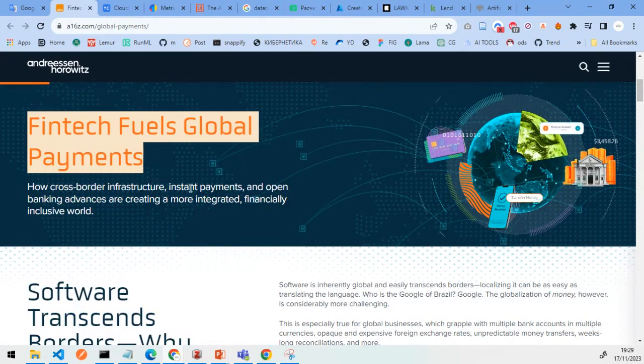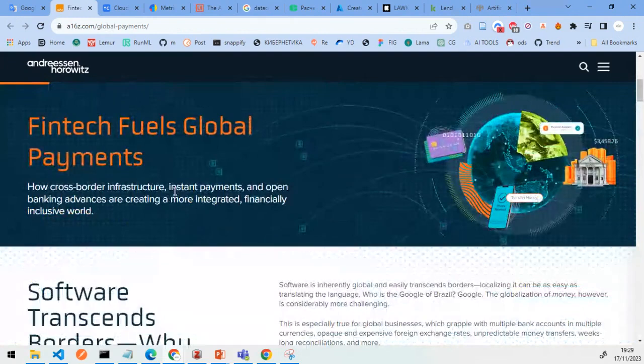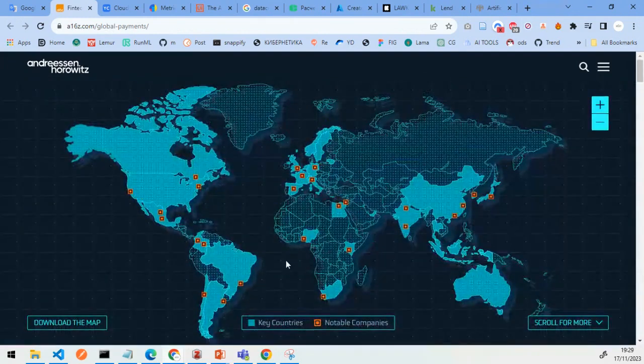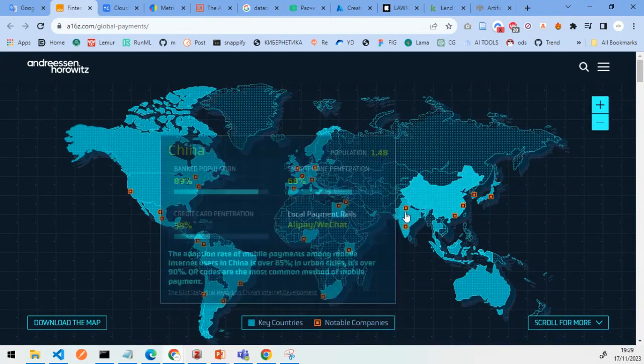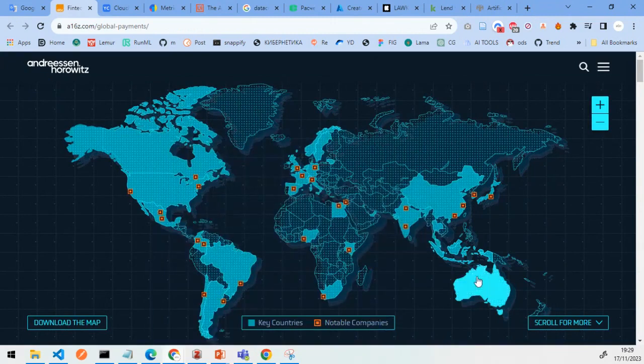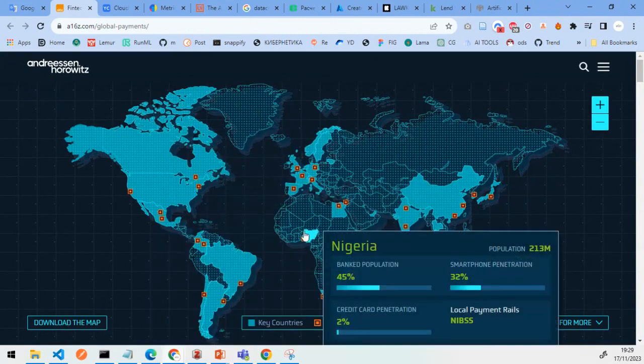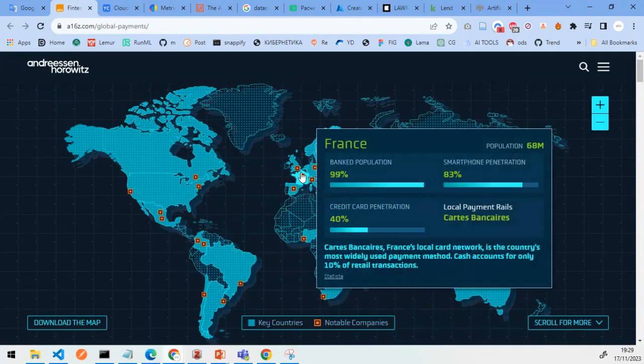Fintech solutions, cross-border payments, instant payments, open banking advances here. So a lot of these platforms are actually helping. Unfortunately, I think because of the sanctions, they didn't do a report on Russia. But it's just a small report on some countries and the popular platforms you are going to come across.